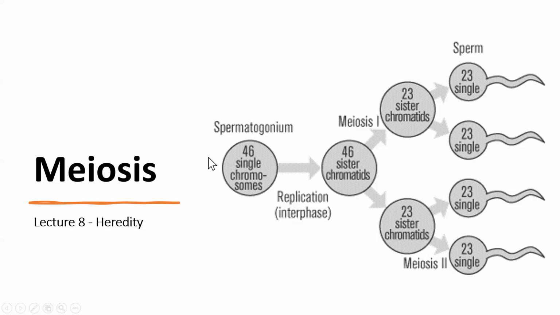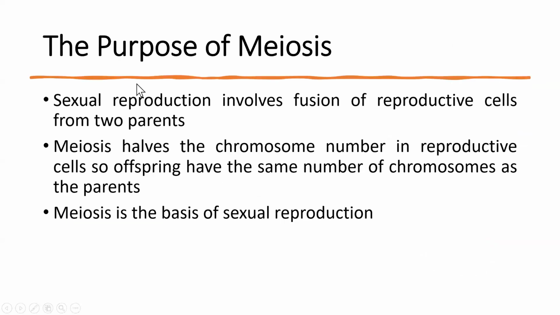But we as humans reproduce sexually. That means we need to produce sperm in the male and eggs in the females. And then when the 2 come together, you create the offspring. So the purpose of meiosis is to create reproductive cells.